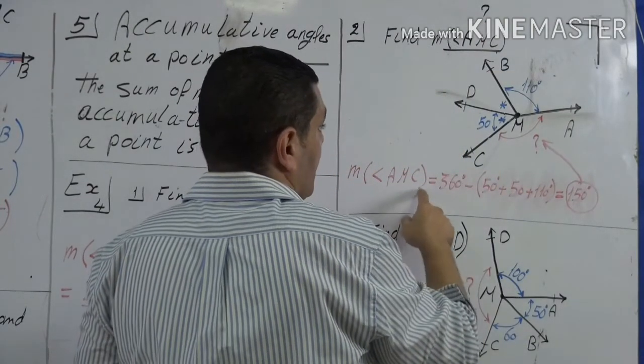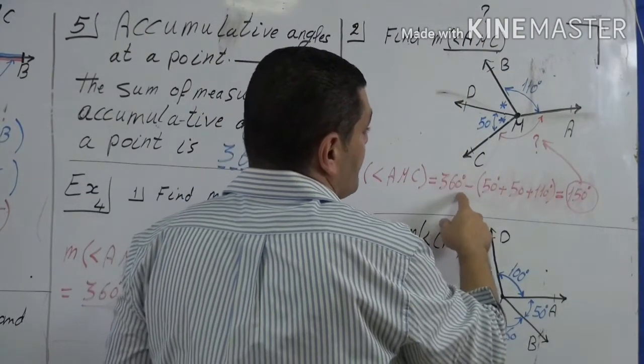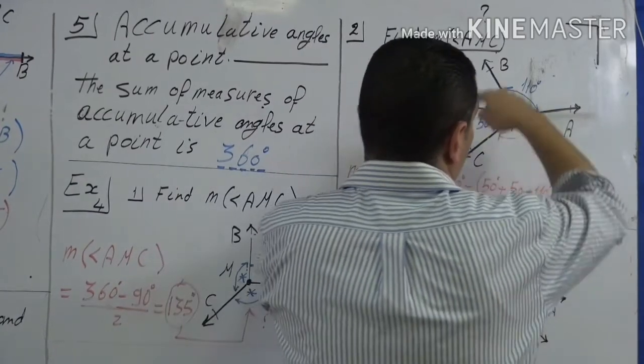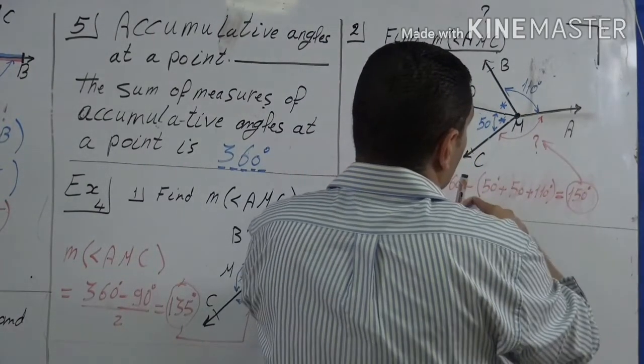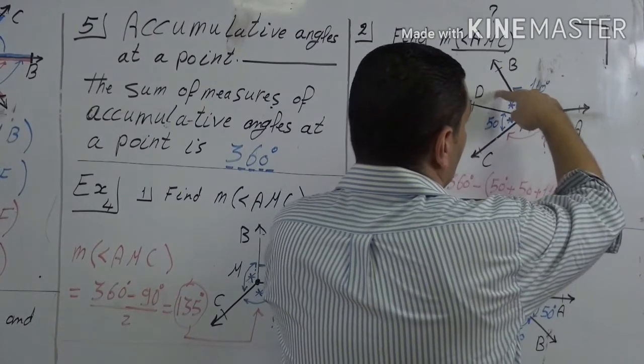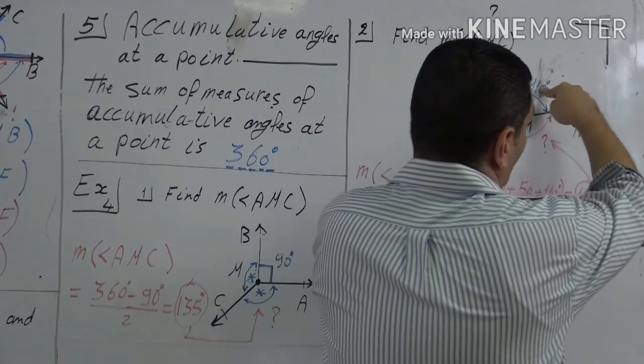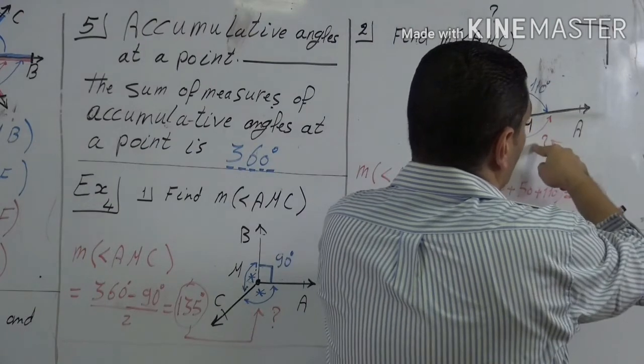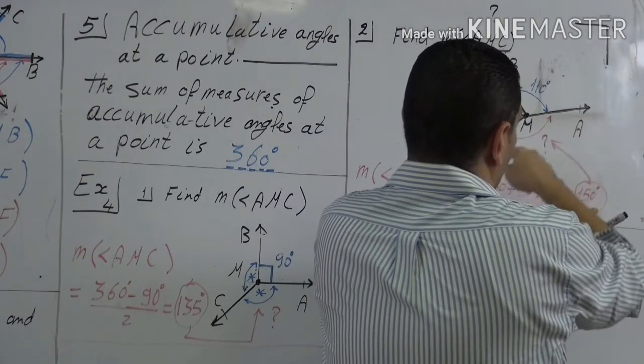Measure of angle AMC equal 360 minus 50 plus 50 plus 110 equal 150 degree. Measure of angle AMC.